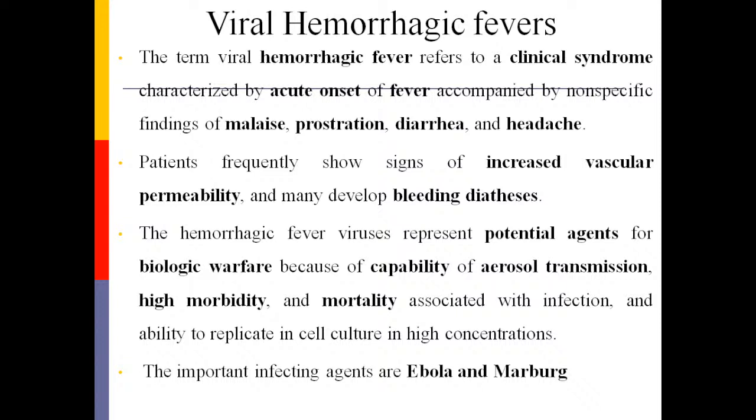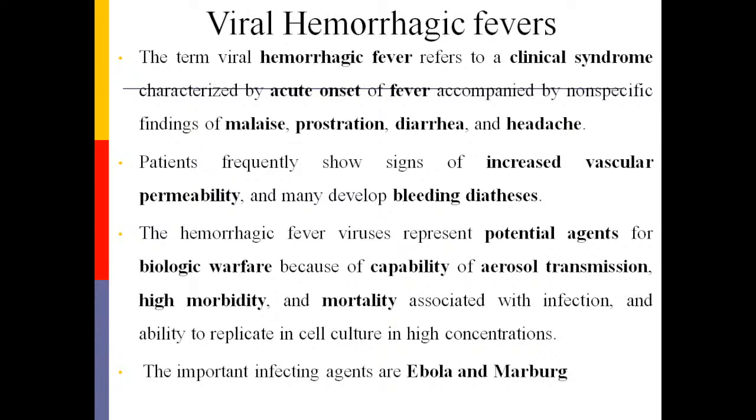Patients frequently show signs of increased vascular permeability, and many develop bleeding diathesis. The hemorrhagic fever viruses represent potential agents for biological warfare, biological weapons, because of the capability of aerosol transmission. Aerosol means airborne. This is one of the easiest transmission ways.